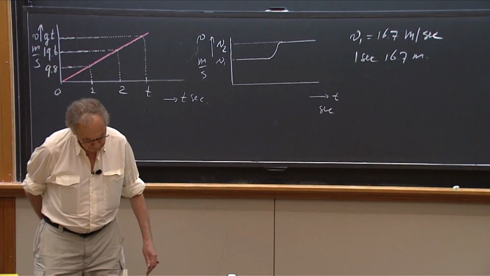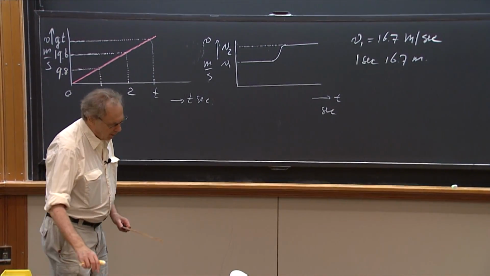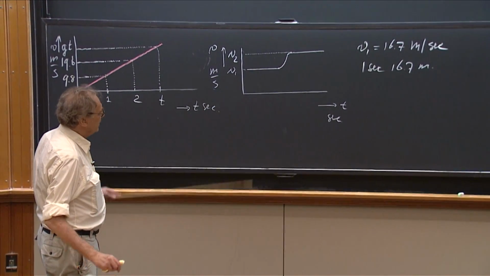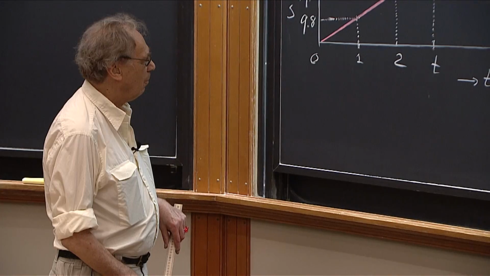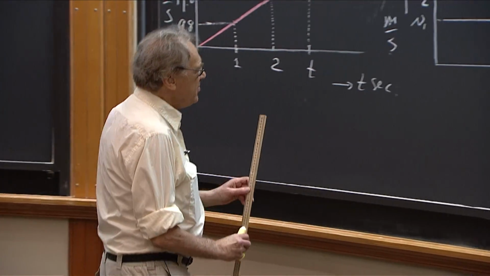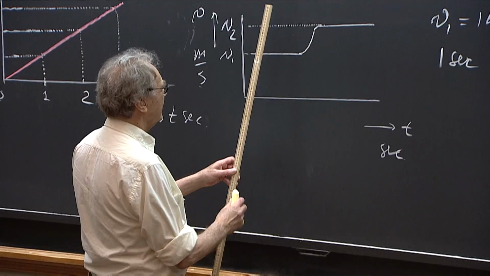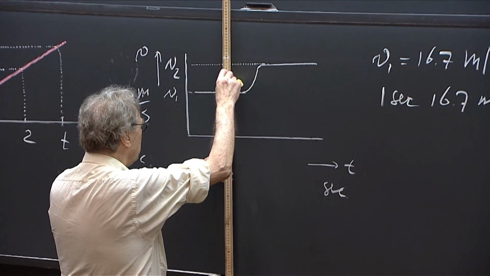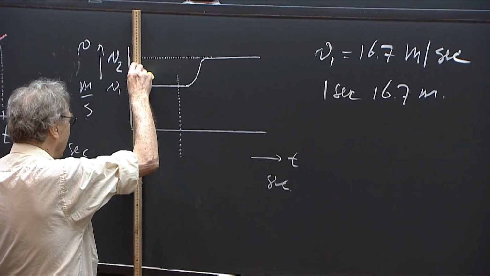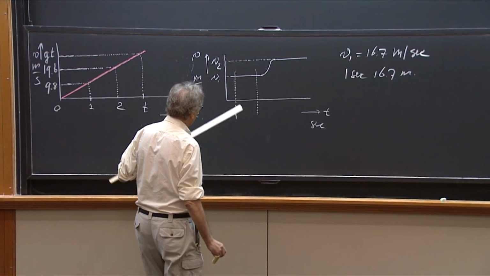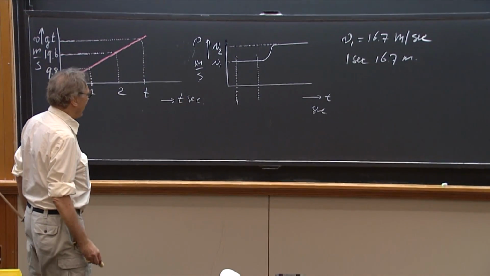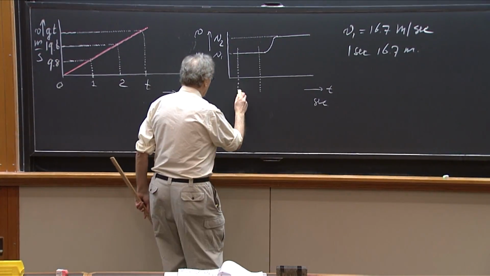Let's now take a look at this plot. A physicist would do the following. A physicist would draw a line here and would draw a line here. Well, most can't make such nice dotted lines, but that's a different story.